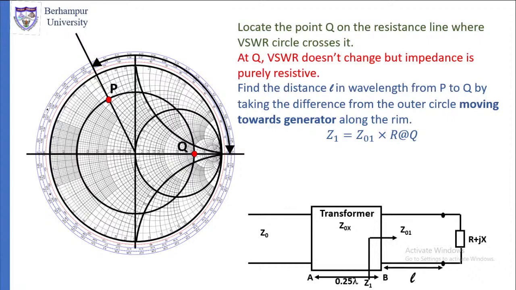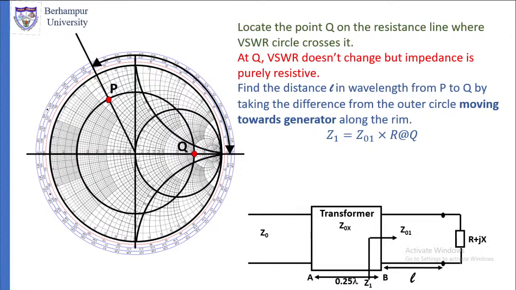That real value will be equal to Z01, the characteristic impedance of the line section, into R. R is the resistance value at Q. Read the resistance value on the horizontal line at Q, then multiply that with Z01, which gives us real Z1.